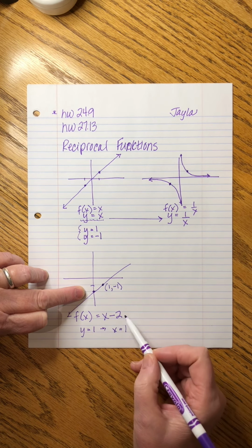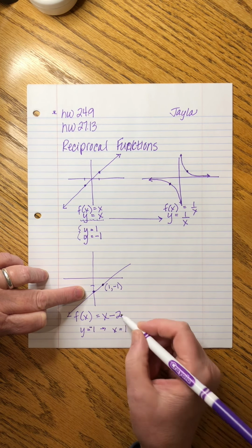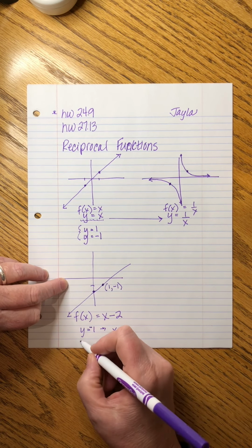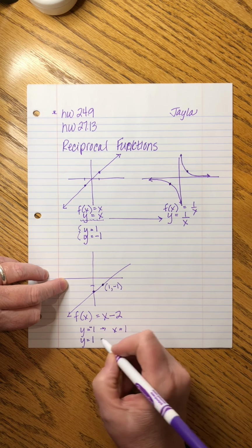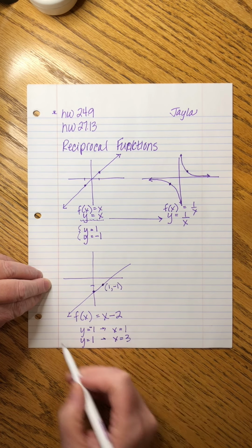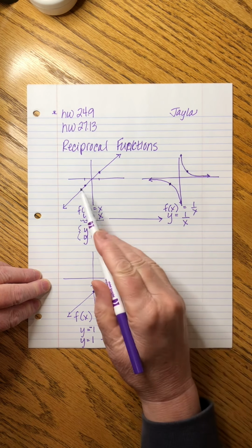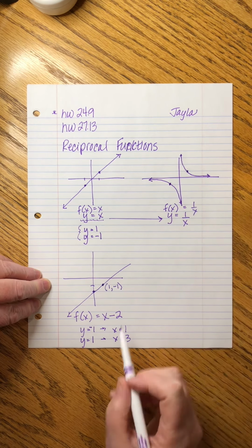Because 1 minus 2, oh, that's -1. Y will equal -1 where x equals 2, and then y will equal positive 1, where x equals 3. So these are the 2 points where we're going to get the same value, whether it's the parent or the reciprocal function.